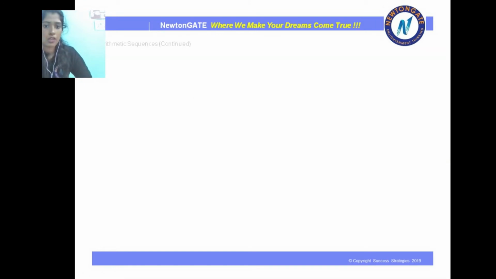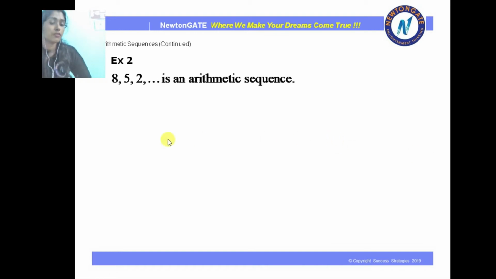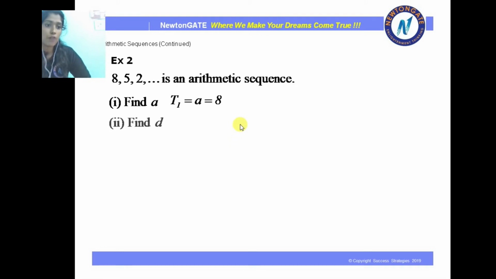Yes. Now, here I have taken another sequence. This is a decreasing sequence, as you can see: 8, 5 and 2. So again, A is the first term, the 8. So A is equal to 8. Now find D. What did I say?